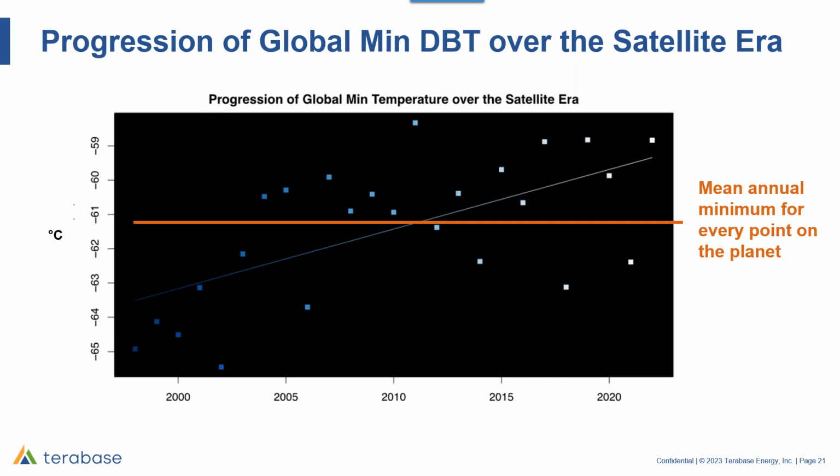Another way to visualize the fact that these numbers are changing over time: this is the true global minimum temperature across the entire planet. So this is the absolute minimum for any point on the planet, year by year from 1998 through present day. And I put a linear trend through this just so you can see that it's going up heuristically.